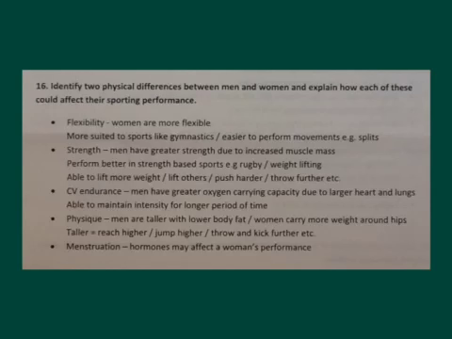Right, question 16, talking about gender and the differences between men and women. If we look in the question, you've got to mention 2 things. Physical, so it's got to be to do with the body, differences between men and women. Explain, so it's important you give lots of detail, how these could affect sporting performance.